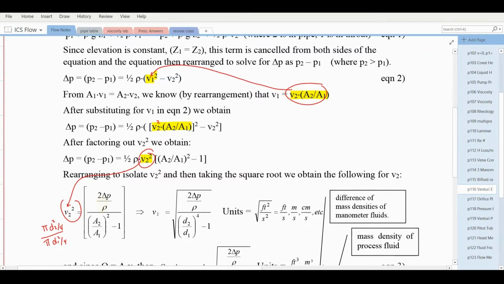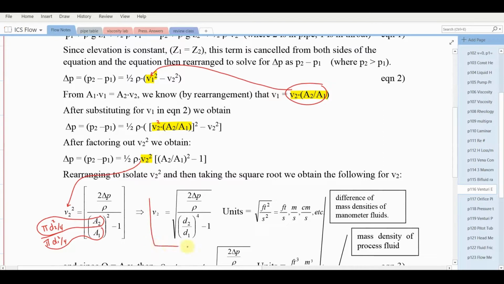V2 is equal to the square root of 2 delta P over rho over the ratio of areas. And since area can be written as pi d squared over 4, let's substitute those, cancel out pi and 4.